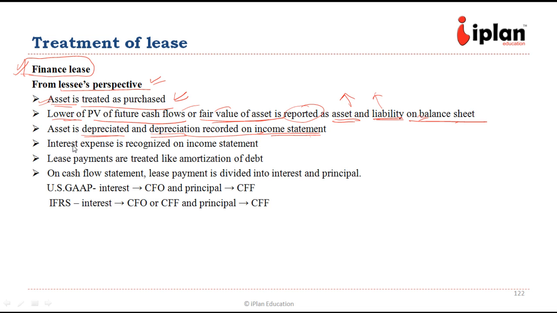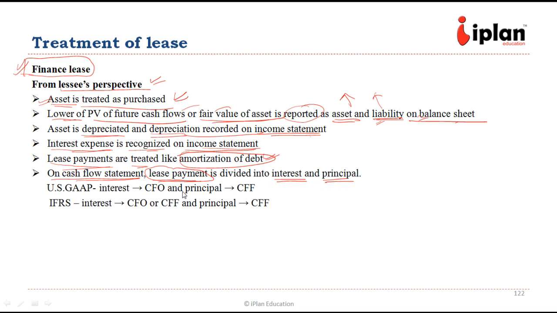Then the interest expense is recognized in the income statement. The lease payments are treated like amortization of the debt, since we are taking it as a liability. So we amortize it in the same way as the debt. And on the cash flow statement, the lease payment from a capital lease is divided into two parts, interest and principal.